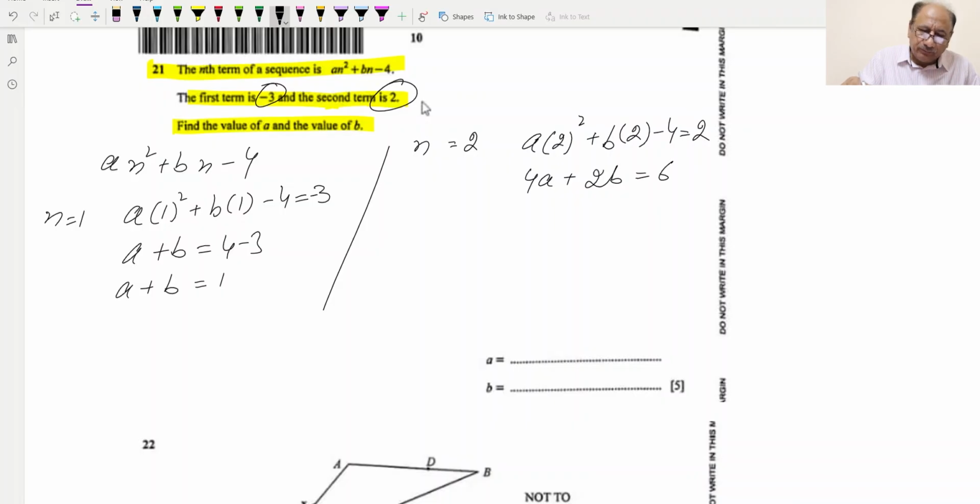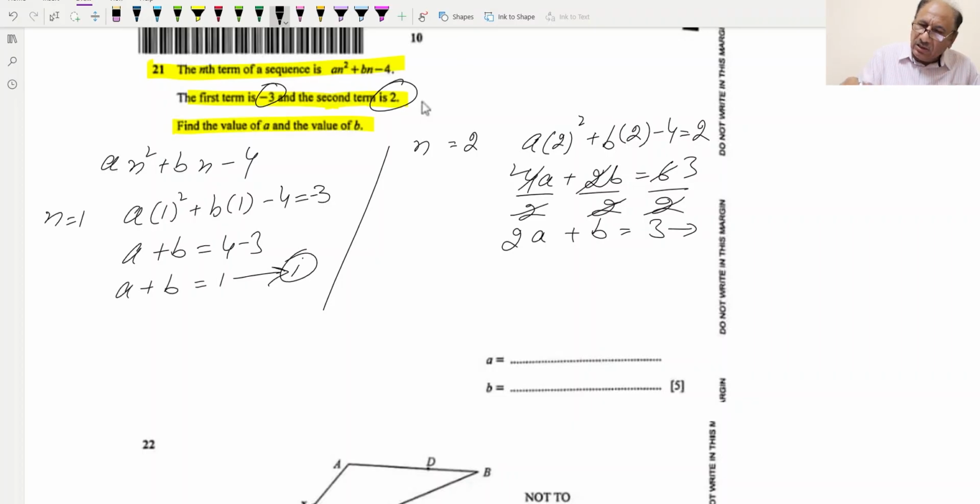Now we can divide everything by 2, and this one we can write as 3. So our final equation will be 2a plus b is equal to 3.